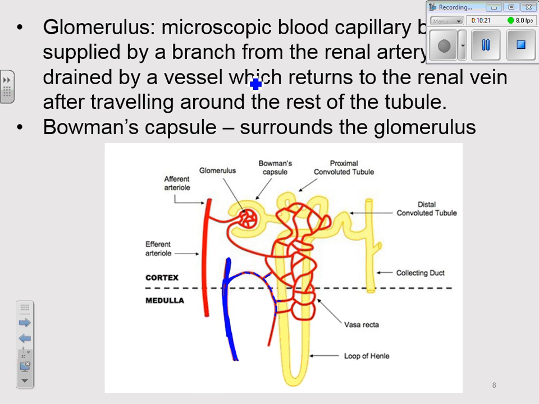It's called the glomerulus. And for some reason, it's that R that is the hard bit. It doesn't seem to fit glomerulus. That R sound in the middle there. I have heard people try and get around it by calling it the glomerulus, which seems to be easier, but it's not.